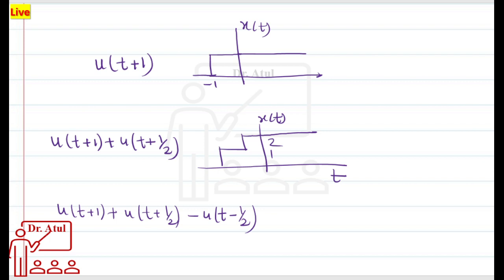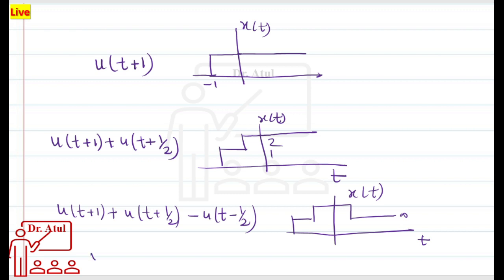Okay, so when I reduce by u of t minus 1 by 2 at this point, this should come back to this one. It will come back to this, and again it is going to infinity. We have to stop it from going to infinity. So at 1, again I have to reduce by 1.